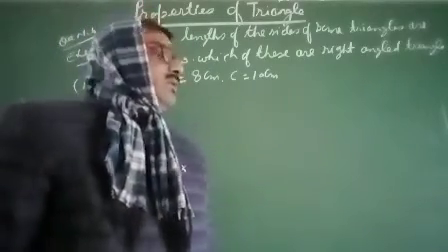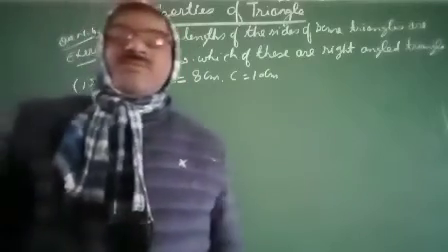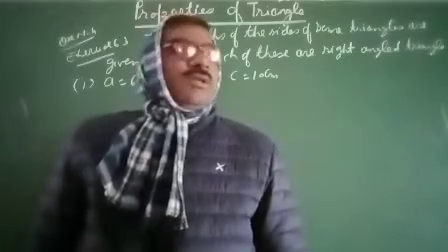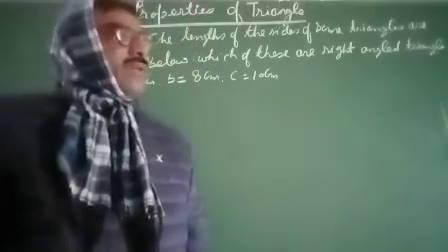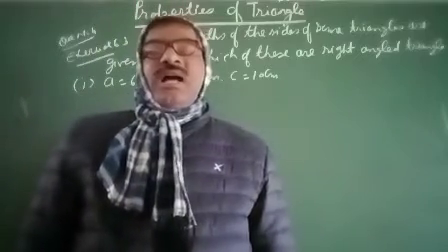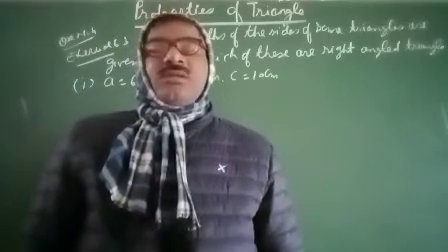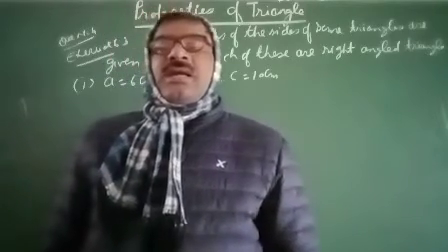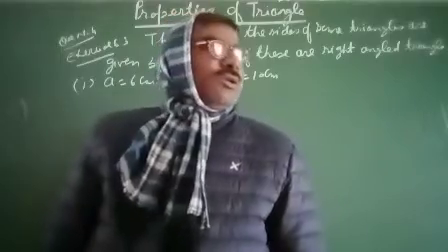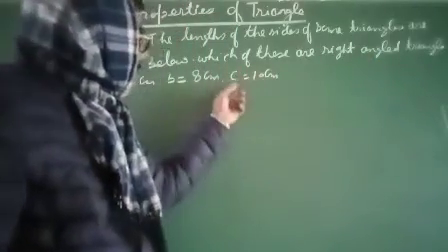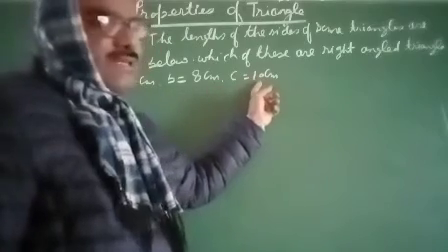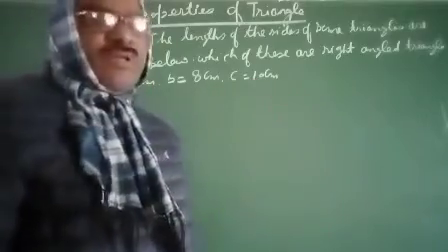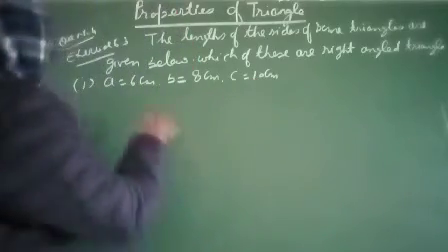So dear students, as you know, in the previous video I have already explained that if the square of the longest side is equal to the sum of the squares of the other sides, then the triangle must be a right angle triangle. As you see here, the longest side C is 10 centimeter. So first of all, I will find the square of the longest side, C square.